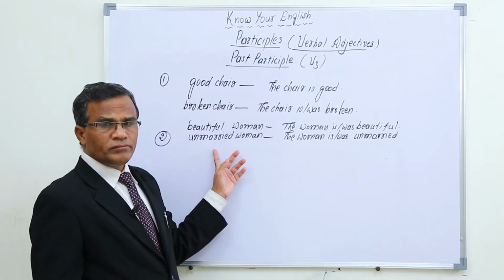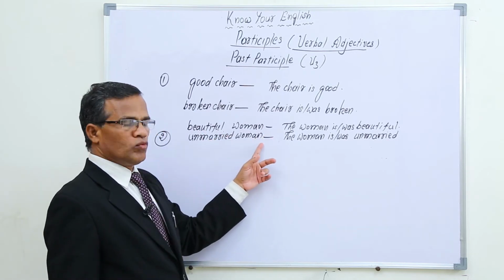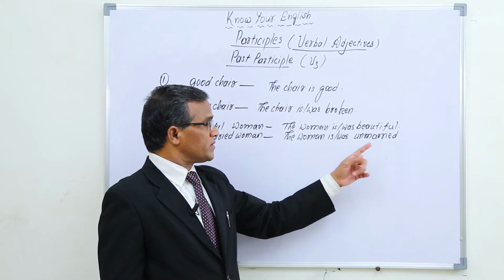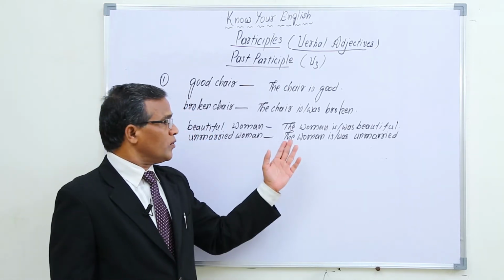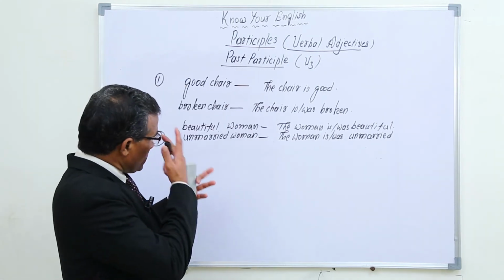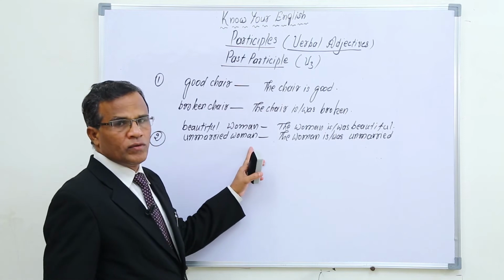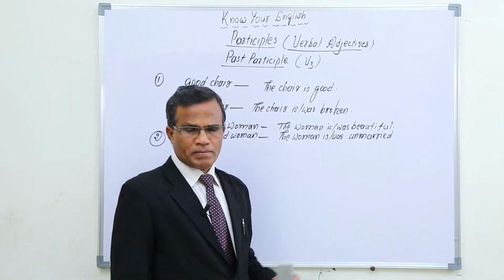And unmarried woman, just like beautiful woman, unmarried woman. The woman is unmarried. It means the woman is in unmarried condition. So this is also an adjective, and the woman is unmarried.